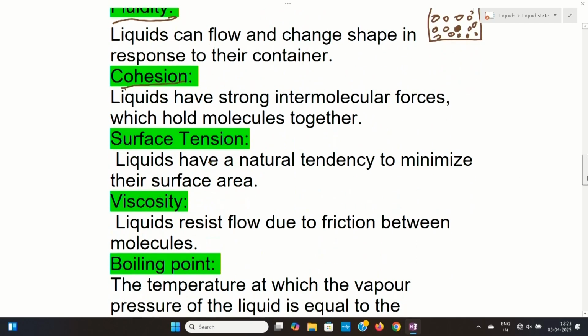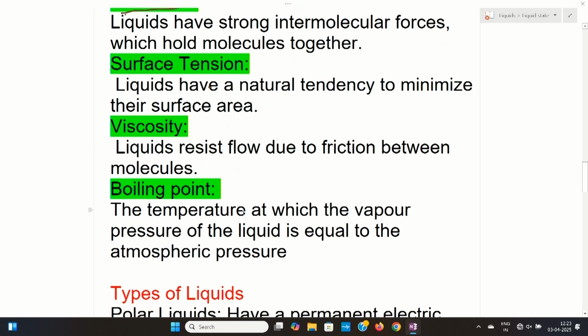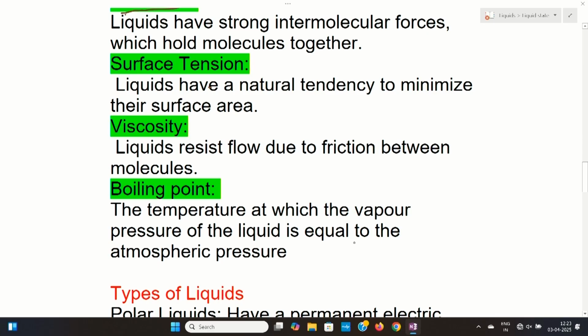Next we have another characteristic, that is boiling point. The boiling point of a liquid is the temperature at which the vapor pressure of the liquid is equal to the atmospheric pressure.